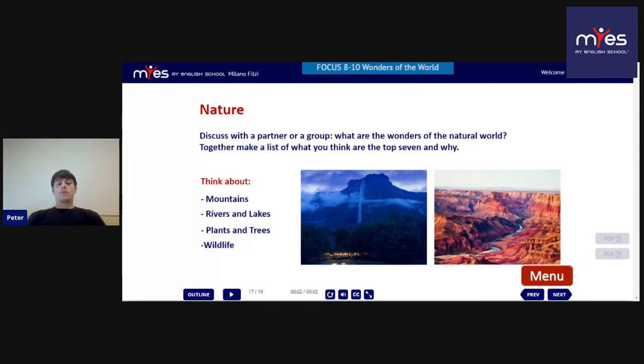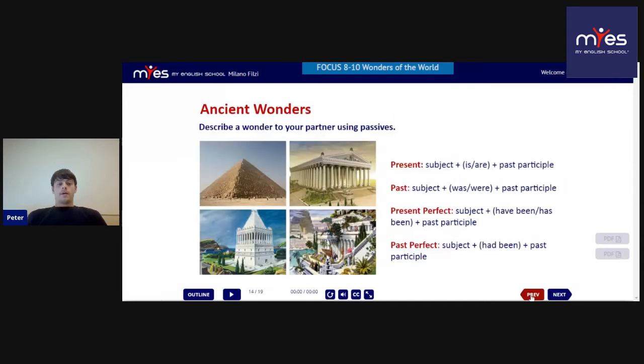Since there are only a few minutes left, let's do a revision of the language of today. So, passives. We use passives to talk about an action where we don't know who performed the action or it is not important. And the structure you can see on your screen for the different passives.